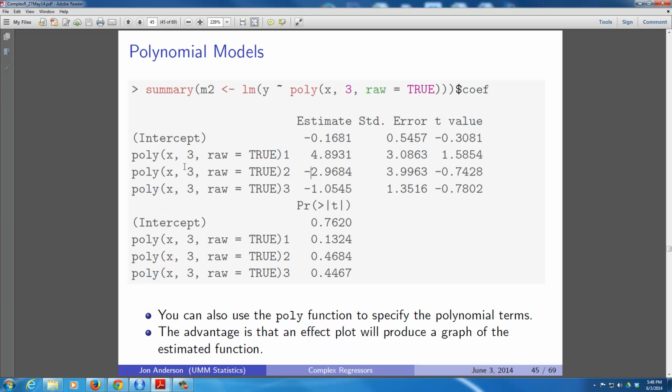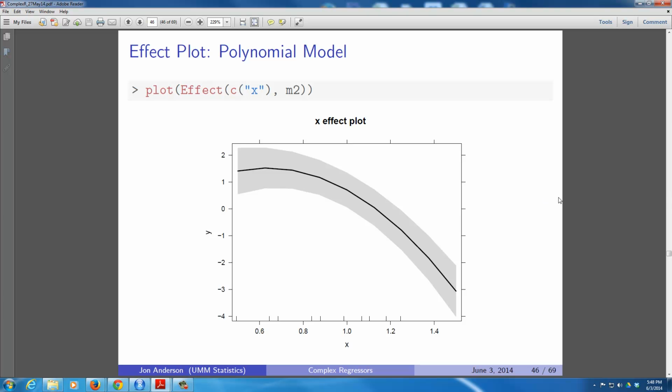The benefit from using the poly function in R is that you can use the effects plot. Here is what the effect plot looks like relating the data y to the predictor x. You can see the curved pattern that's being represented by this cubic polynomial.